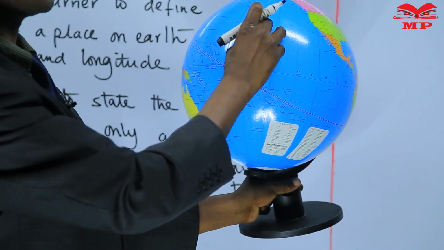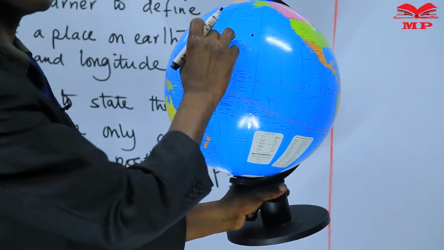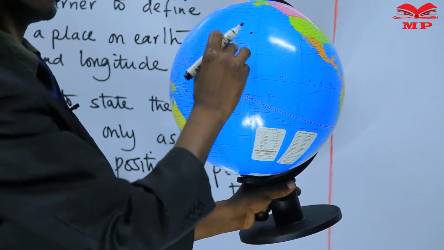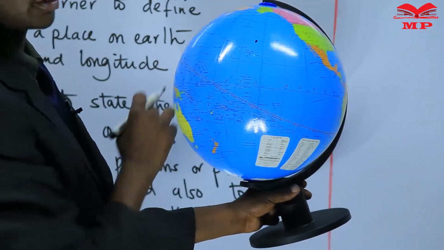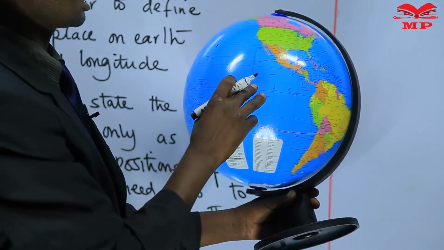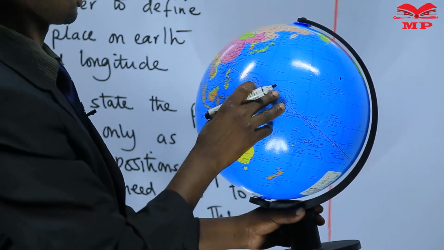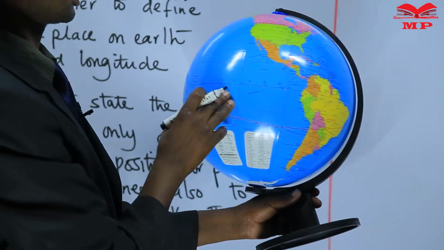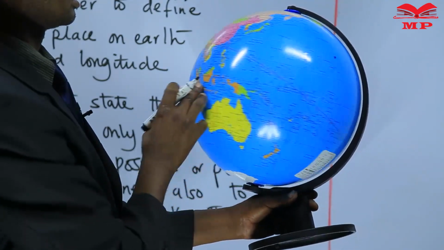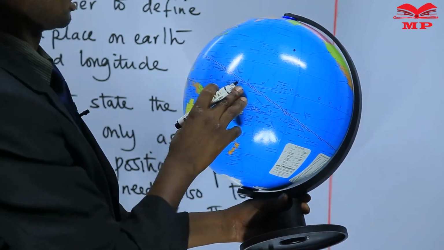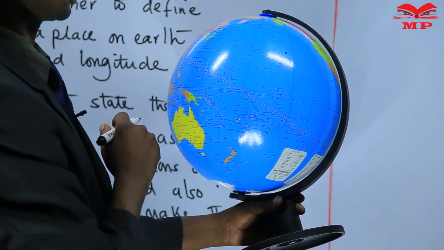Like if it is this place, I can state the latitude, which is around 30 degrees north of the equator, and also state the longitude.